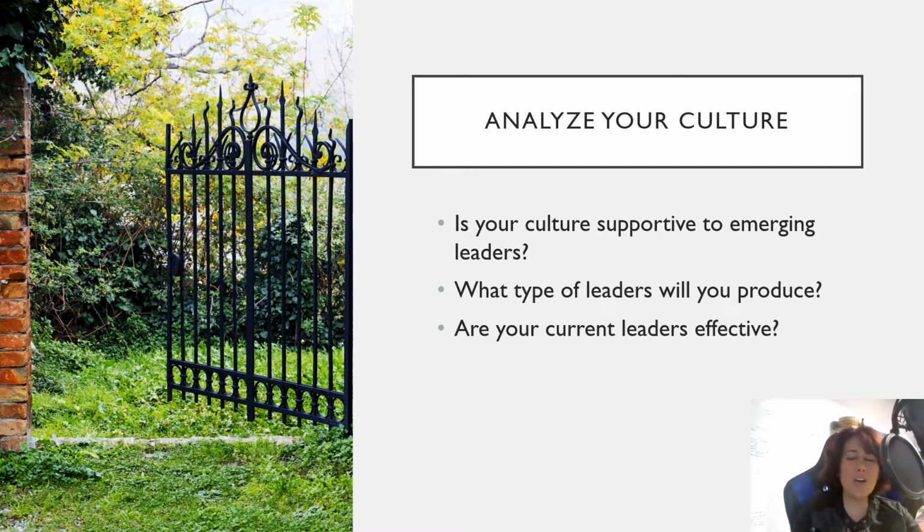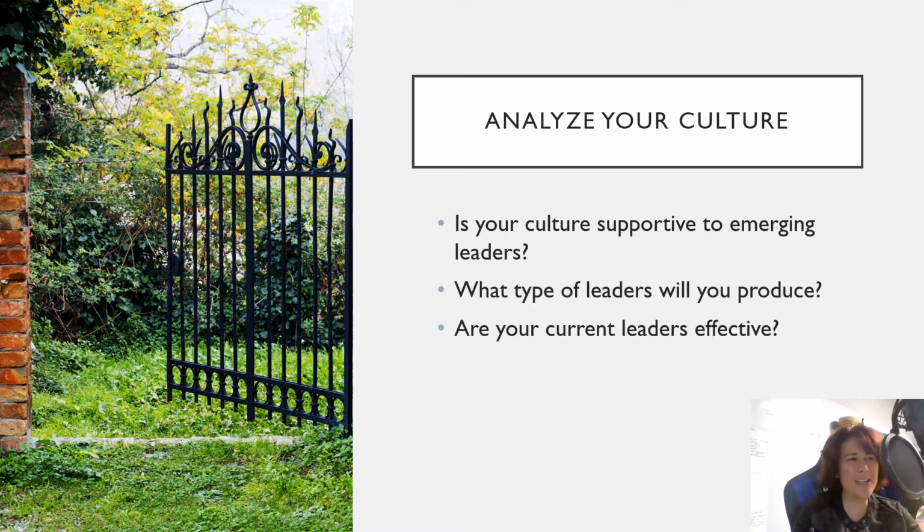And then, are your current leaders effective? When we think about if our current leaders are effective, we're thinking, do they care about the people? Do they care about the business? Are they able to get things done? Are they accomplishing things? Do we have a track record of success inside of our organization? And here's why that's so important. Leadership is often learned by watching other leaders.